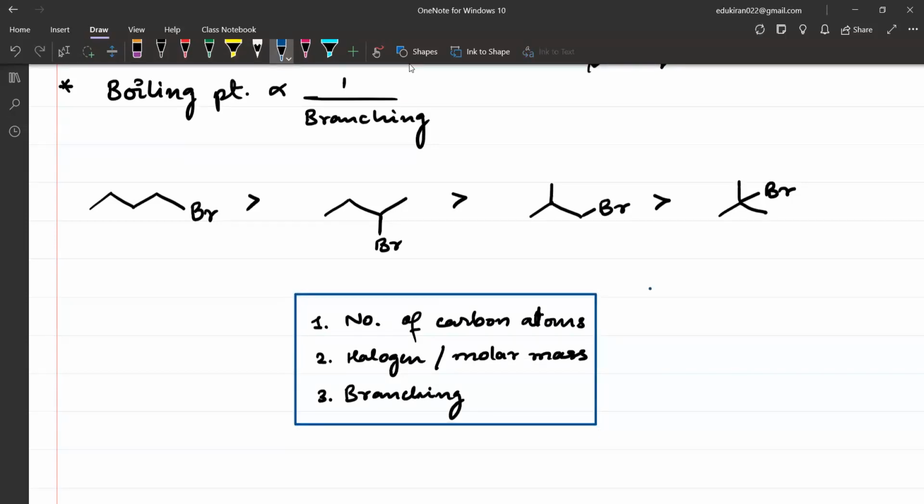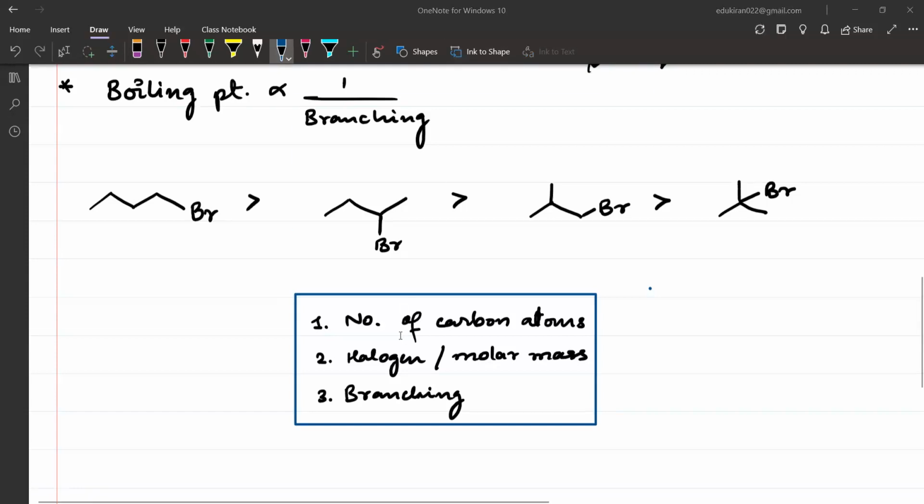Number one, number of carbon atoms, then halogen atom, then molar mass. And got this? Yes or no? Please tell me. Tell me, guys. All of you got this? Understood now what you need to do?